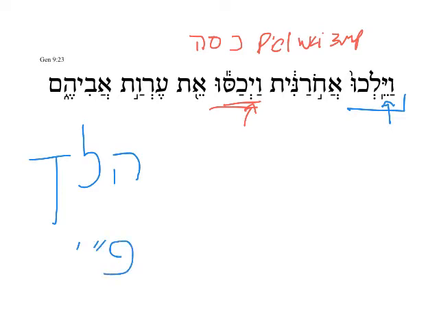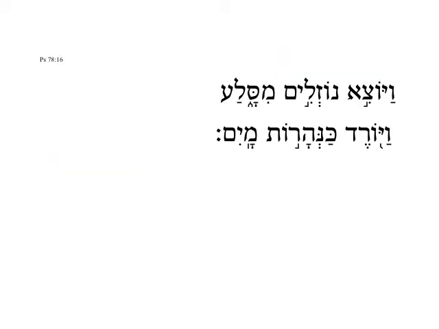So we just have to remember this very common word, halach. The he functions as though it were a yod, and so we have the appearance of a tsere under the prefix pronoun. So this is a kal, vav consecutive imperfect 3MP, and they walked.